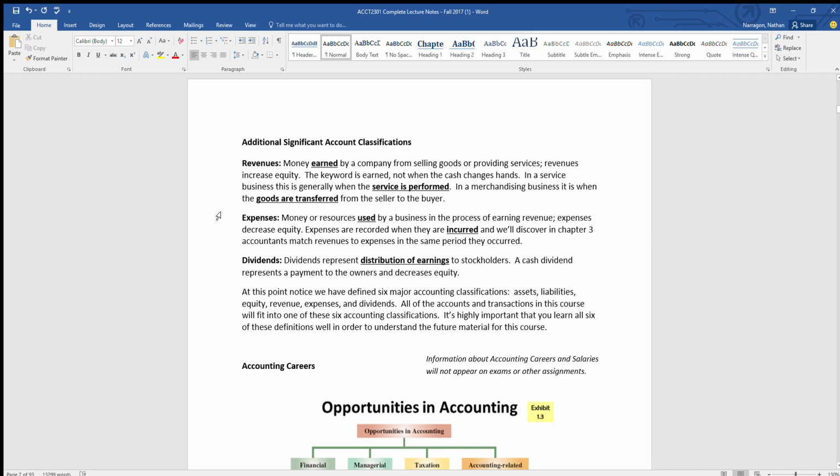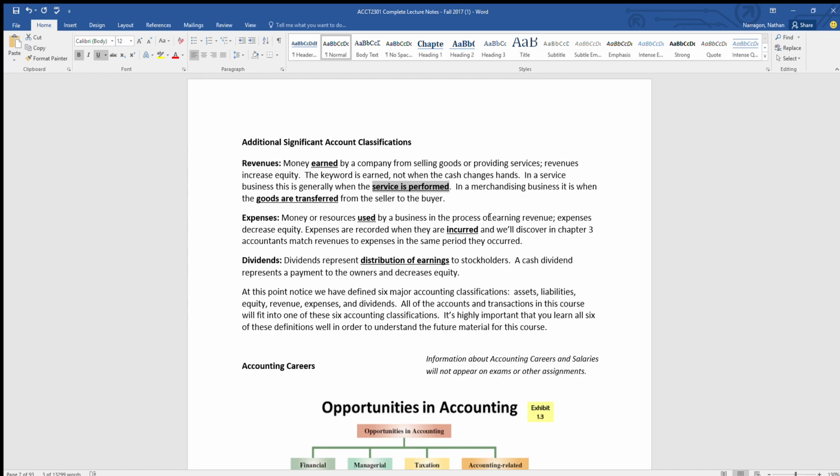So, revenue. Revenue is any money that is earned by a company. If we sell it, if we provide it, any service we do. It does not have to be when cash changes hands though. It's basically generated when service is performed. So, once that service is performed, due to the revenue recognition principle that we spoke of above, you must report it.